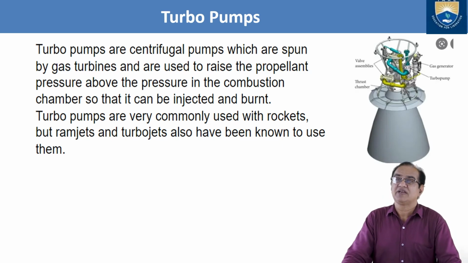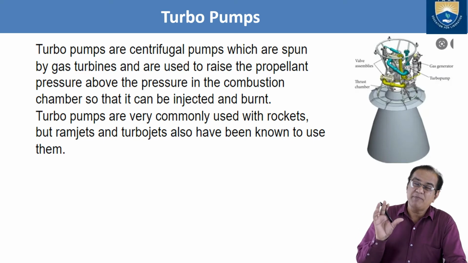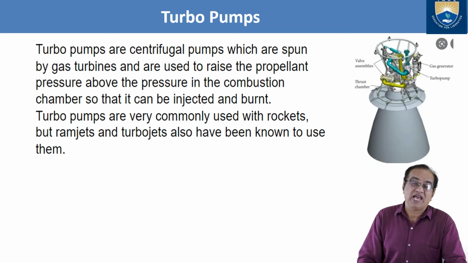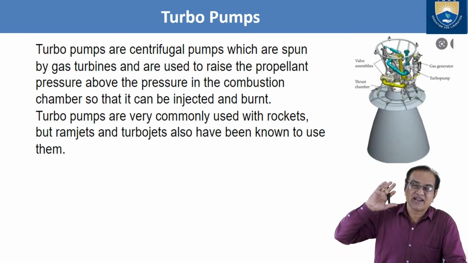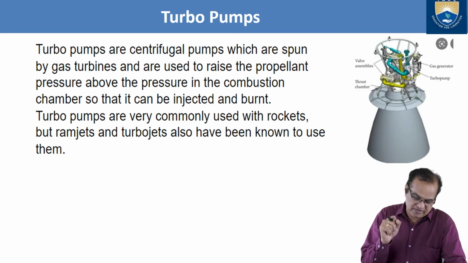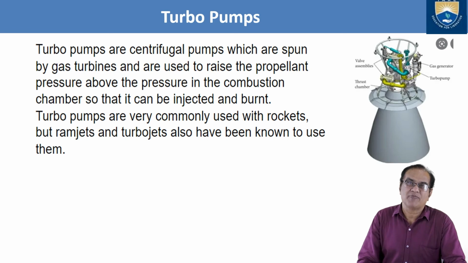So in space propulsion, we don't use the rotating part much. The pump is used to pressurize the propellant. In aircraft we use the compressor, so we are avoiding this rotating part, and there is a pump, it may be a piston engine or a reciprocating pump, which pressurizes the propellant.